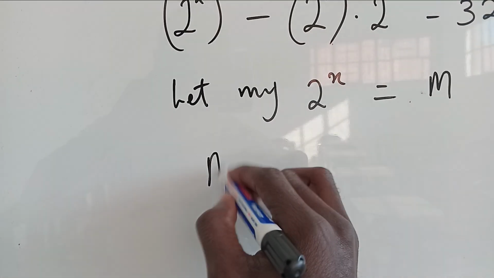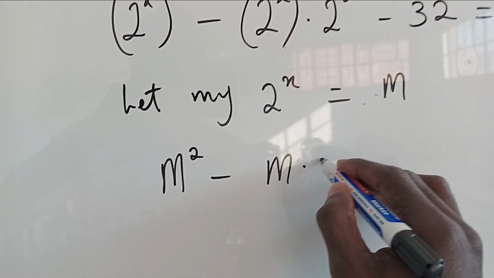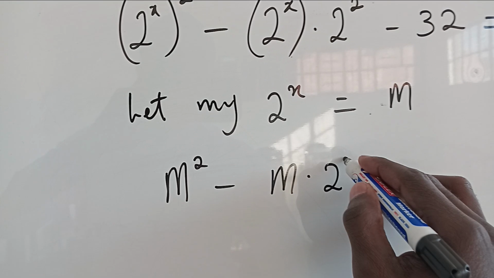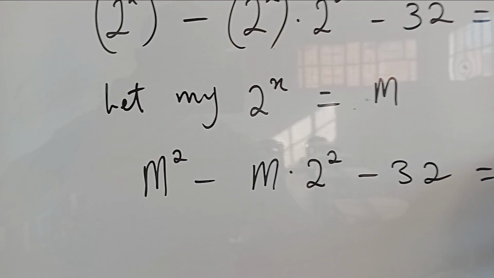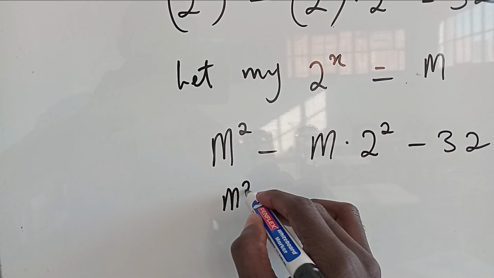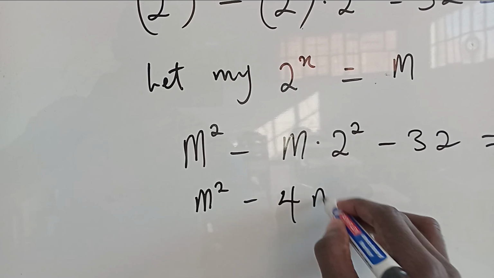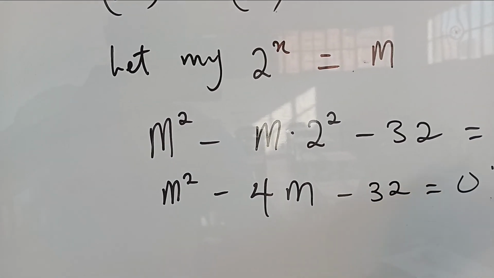So I have m squared minus m multiplied by 2 raised to the power of 2 minus 32 equals 0. I can write this as m squared minus 4m minus 32 equals 0.